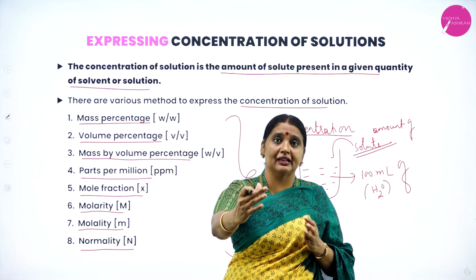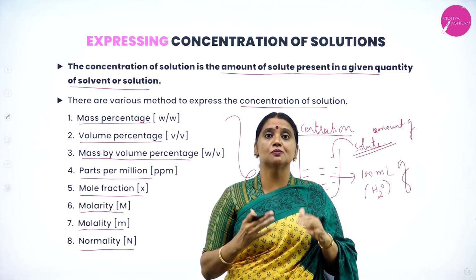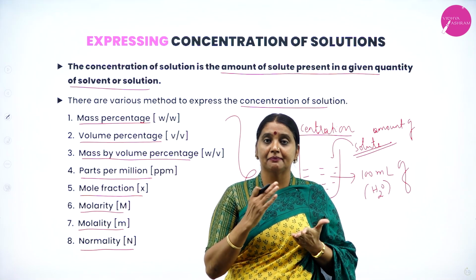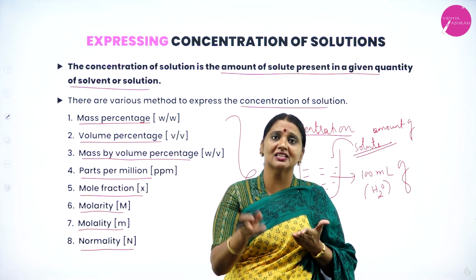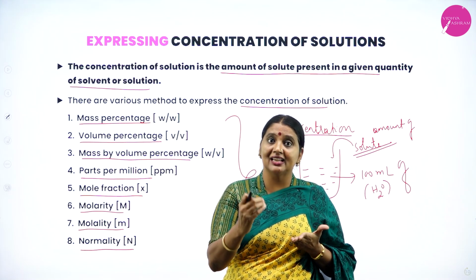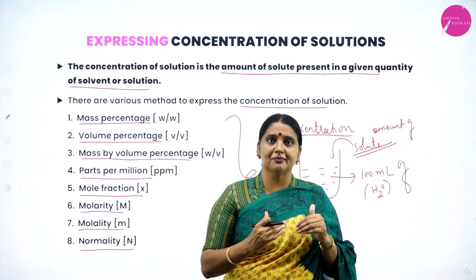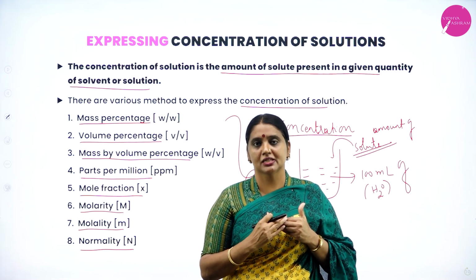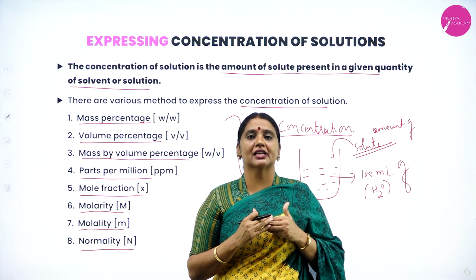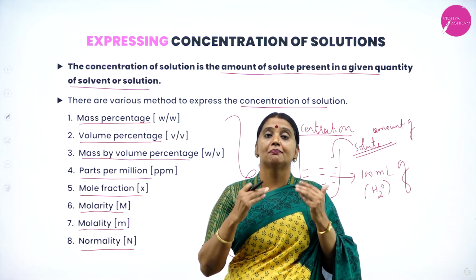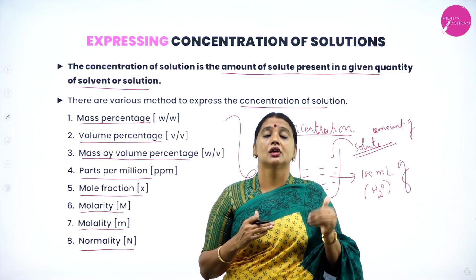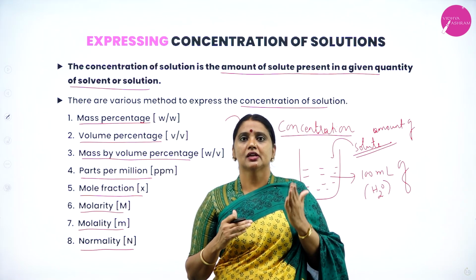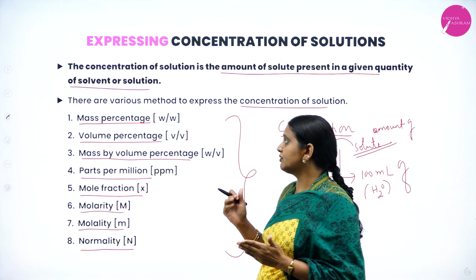If you go to a bakery, you take bread in terms of pound. You won't ask the bakery person for 1 kg of bread. But the SI unit of mass is kg. In our daily life, according to our comfort level, we use different units. Similarly, concentration can be expressed using different units, and depending upon the situation, we use those units.